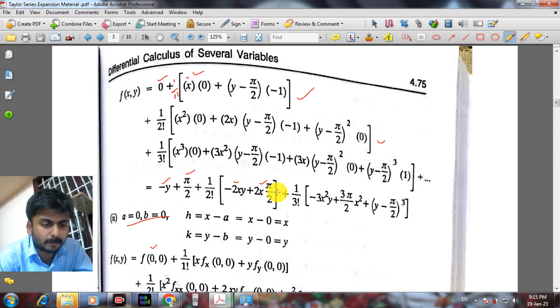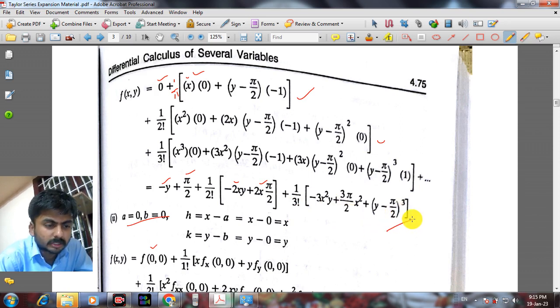You just keep it. It is not necessary to simplify all the steps on all occasions. Sometimes simplification may lead to a wrong answer. Just keep the steps as they are, that will be your final answer, and finally you will have 1 by 3 factorial of these terms.